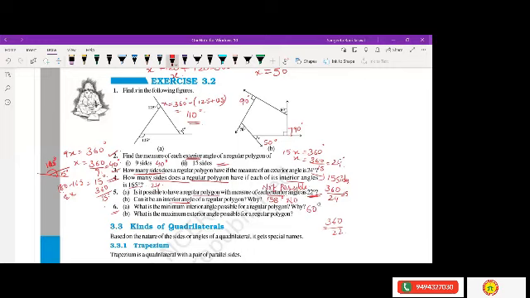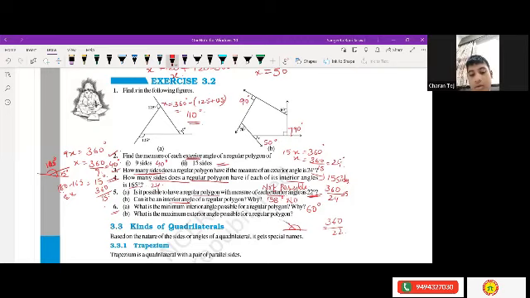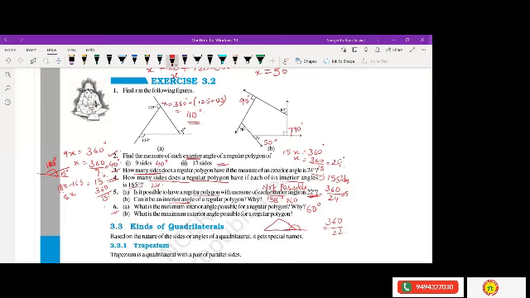Now what is the maximum exterior angle possible for a regular polygon? If the inside angle is 60 degrees, the outer angle will be the maximum outer angle. So what will that be? See, the smallest interior angle is 60 degrees.